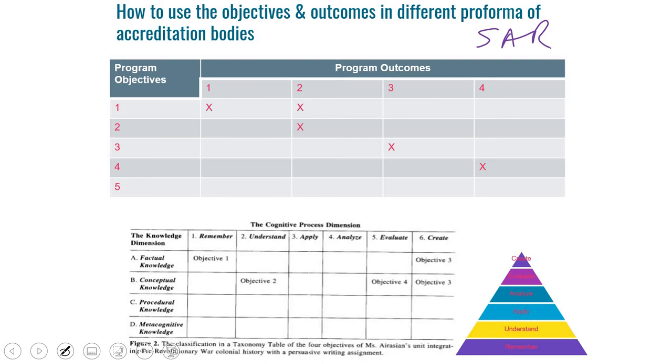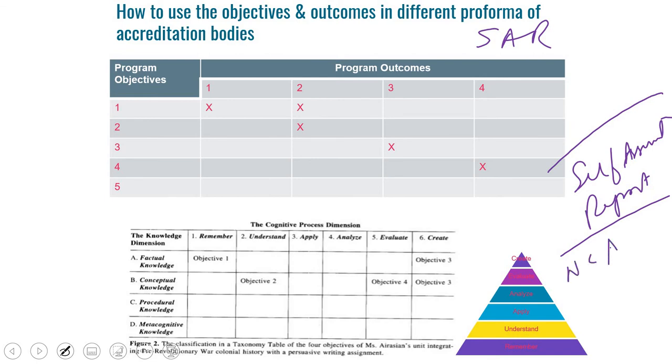They ask for the self-assessment report, like the Saudi Ministry body NCAAA, the Saudi regulatory body. Their name is SSRP. Whatever the name and expression is, the main key point is that the program objectives shall be aligned with the program outcomes.